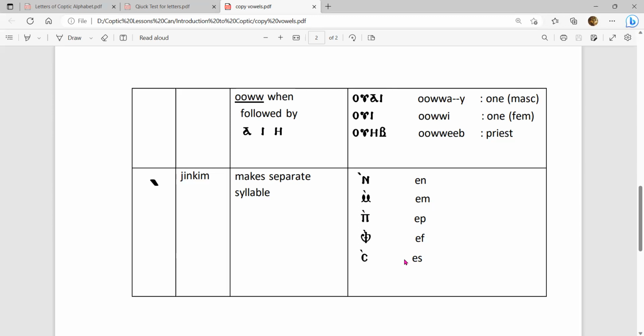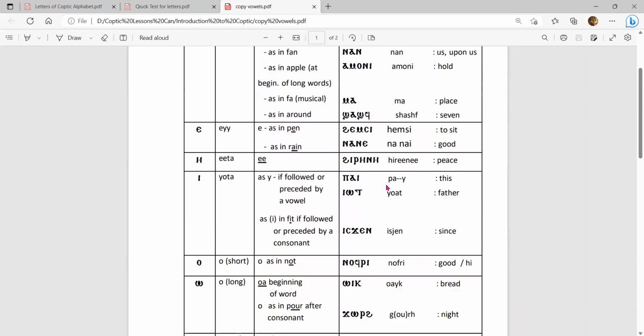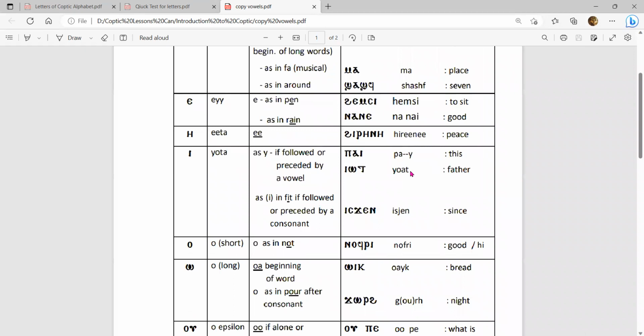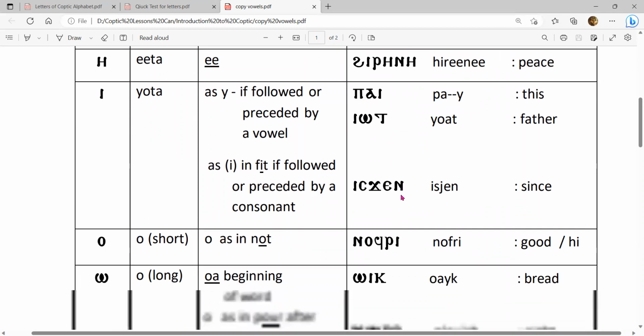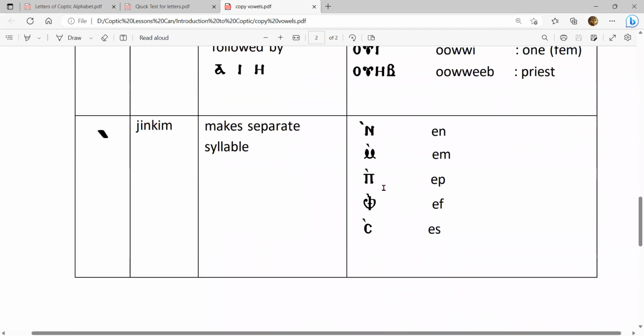We shall come to examples in words like this. When we say the father, we say F yod. Before the word yod comes F, and we say F yod.